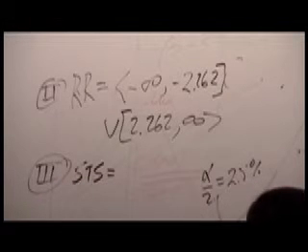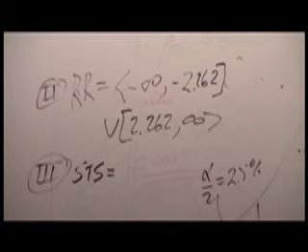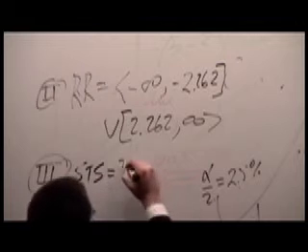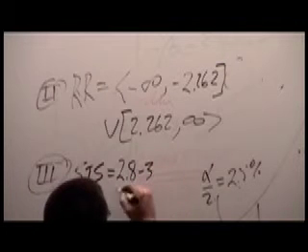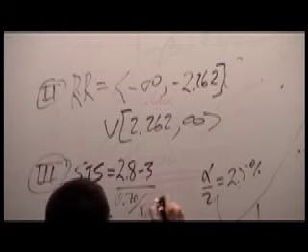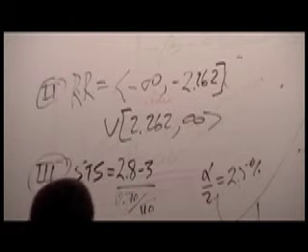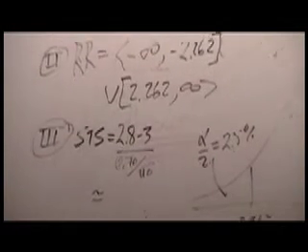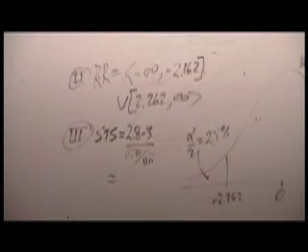X bar we found was 2.8. The mean from 2000 was 3. We calculated S to be 0.7. We know N is 10. So that's 2.8 minus 3 divided by 0.70 over the square root of 10, which is approximately minus 0.90.